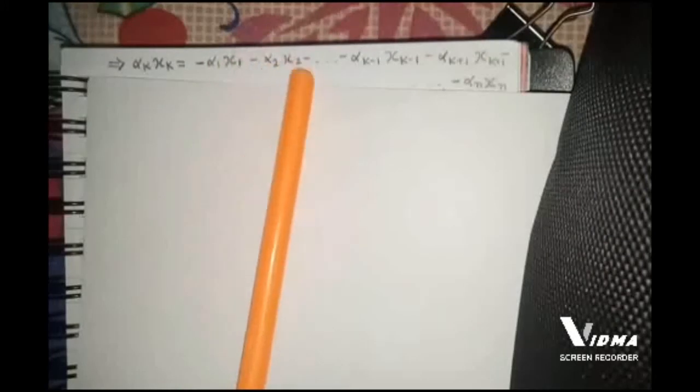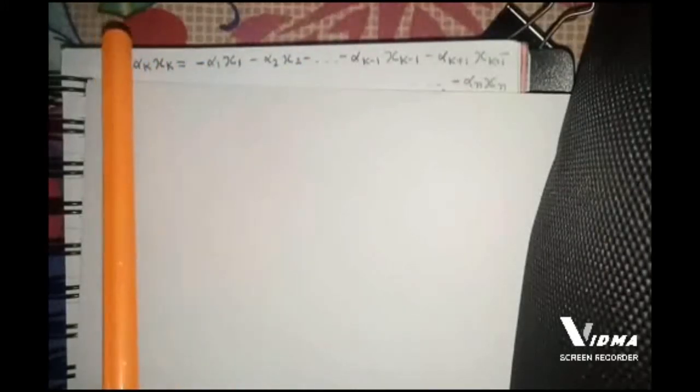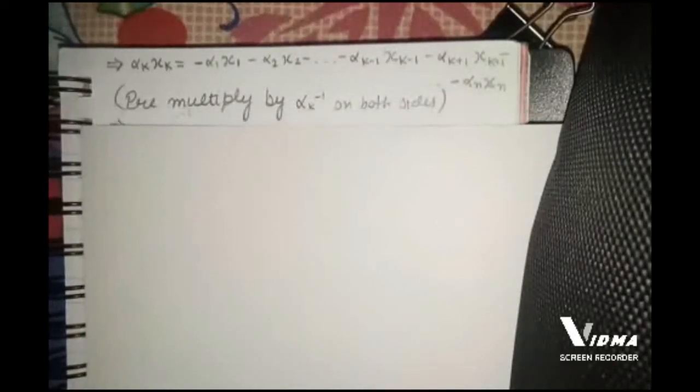This minus is because we have shifted the terms from LHS, or left hand side, to right hand side. So next we are going to pre-multiply both sides of this equation by alpha k's inverse. So what do we get?